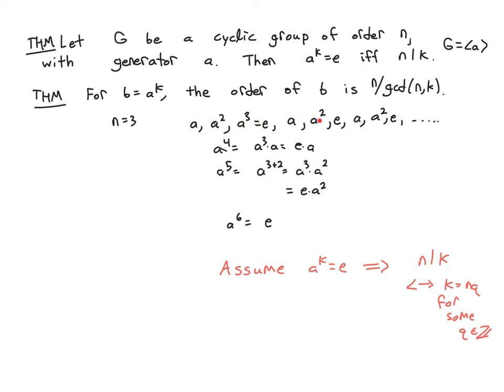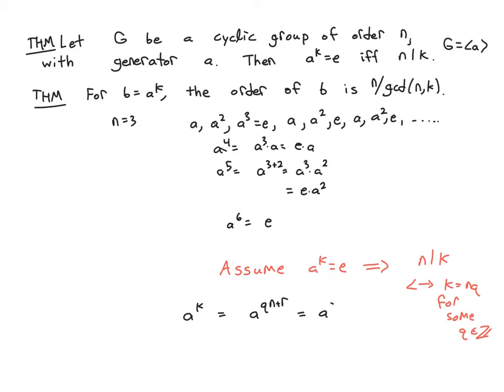We see these patterns here, and what is going on? If I want to compute a to the k, what did I have to do? Well, by the division algorithm, it's qn plus r.